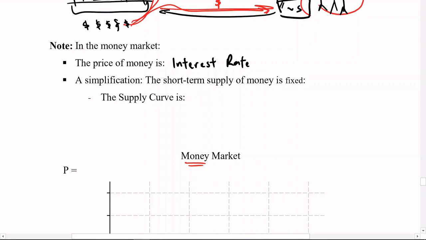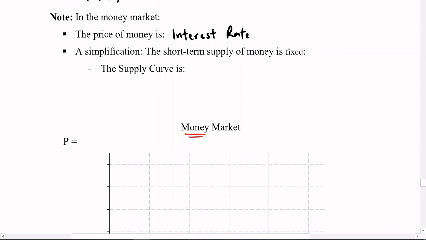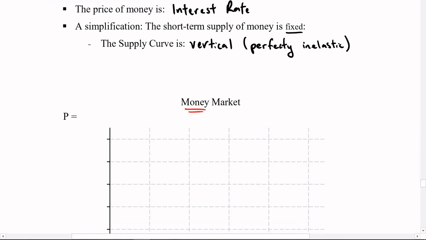It doesn't actually make a difference, but we're going to simplify the supply of money. Because the supply in the short term is fixed, in the short term the supply curve is vertical, or in economic terms, perfectly inelastic. That'll just simplify our graph a little bit.